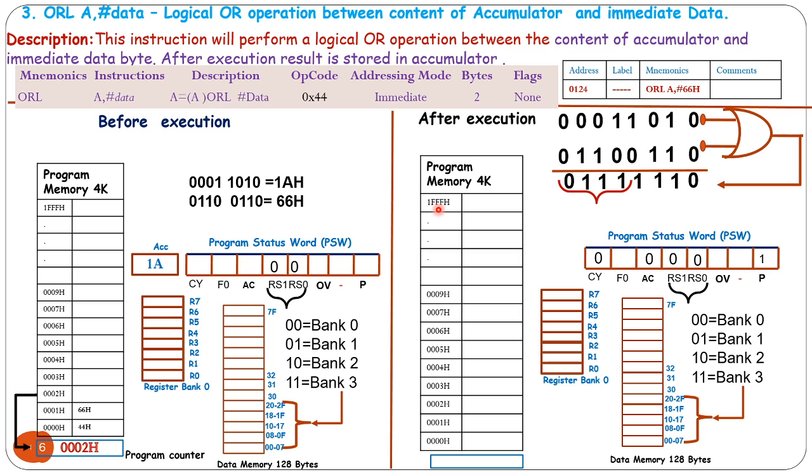So this is in binary format. In hexadecimal this will be 7 and this is E. That value is stored in the accumulator register. So after execution, the accumulator has 7EH. The other things are not affected, that is, PSW and random access memory registers are not affected.